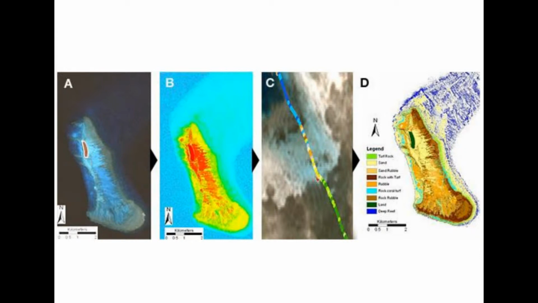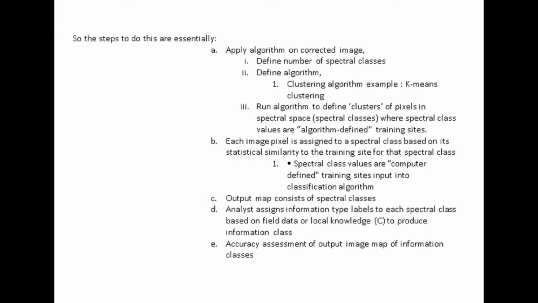Anyway, so in unsupervised classification, the steps are essentially you want to apply an algorithm on a corrected image, define the number of spectral classes, define the algorithm, so for example, K means clustering. You want to run the algorithm to define clusters of pixels in spectral space, where spectral class values are algorithm-defined training sites.